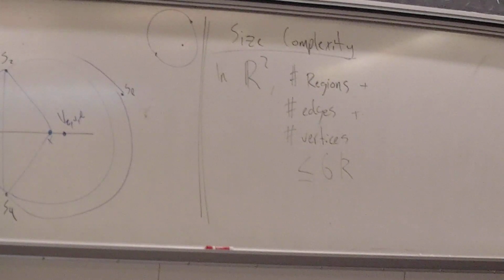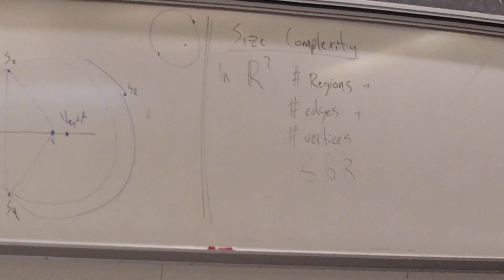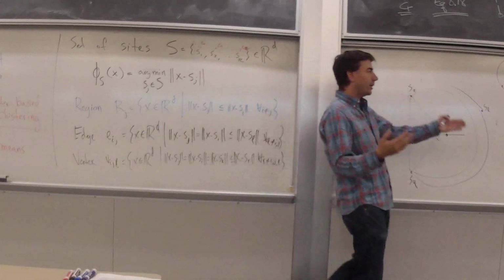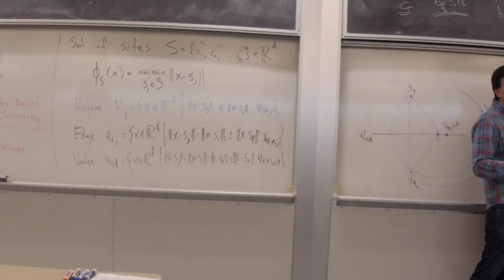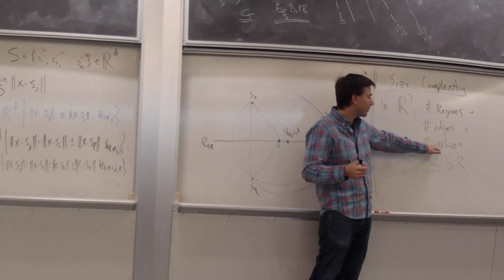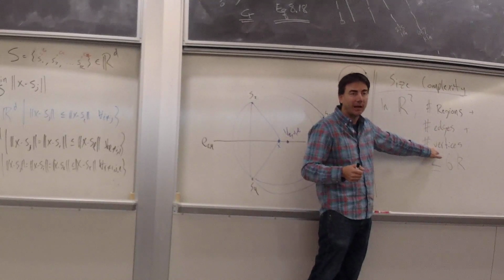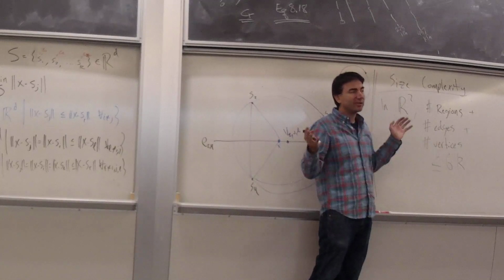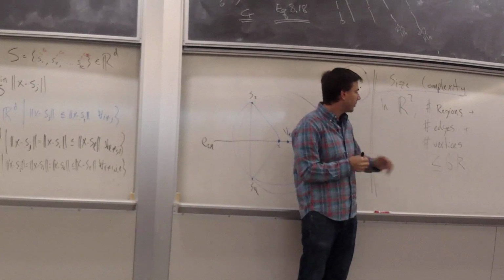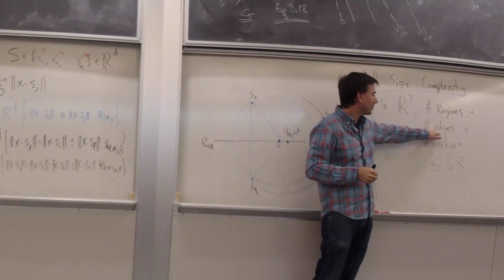I can put down any set of k points, any set of k sites. Not all vertices appear, not all edges appear. The number of regions is at most k, the number of edges is about 2k, and the number of vertices is also about k, and this is about 4k.